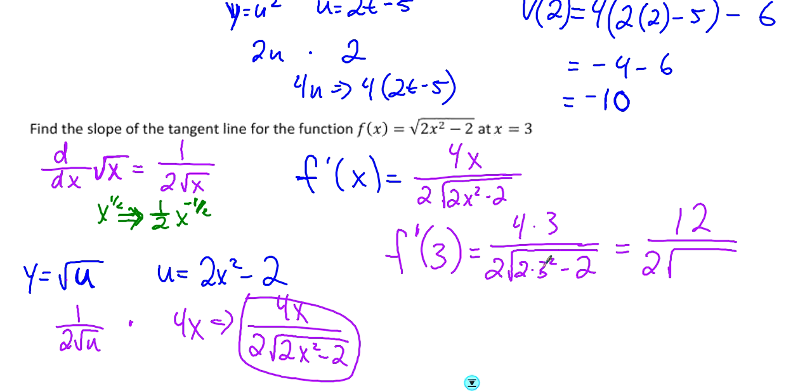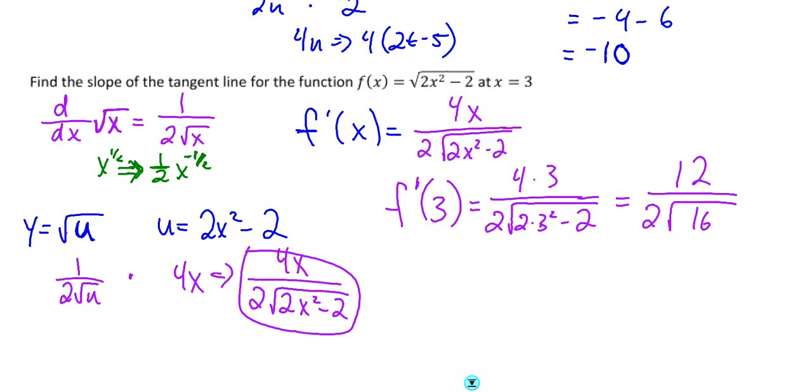And this is 9 times 2 is 18, minus 2 is 16. And then the square root of 16 is 4. 2 times 4 is 8. So you get 12 over 8, which reduces down to 3 over 2. So that is our answer.